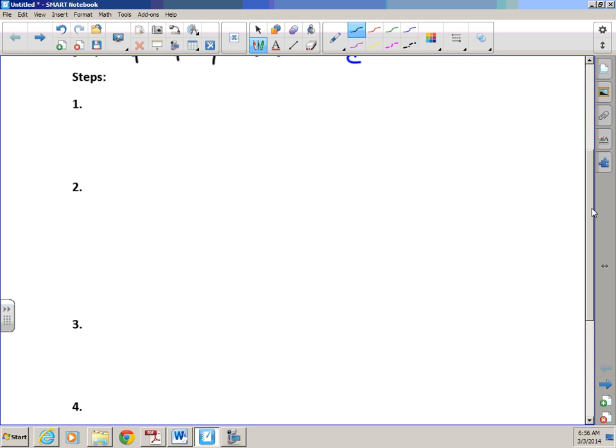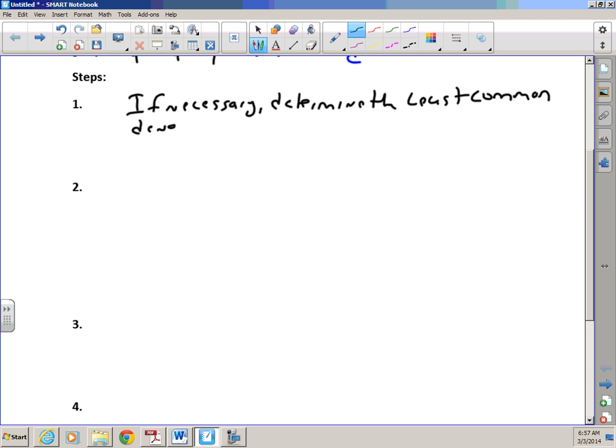Step 1, if necessary, determine the least common denominator, which we're going to call the LCD. Okay? Obviously, that's if each of the denominators have a different expression there.